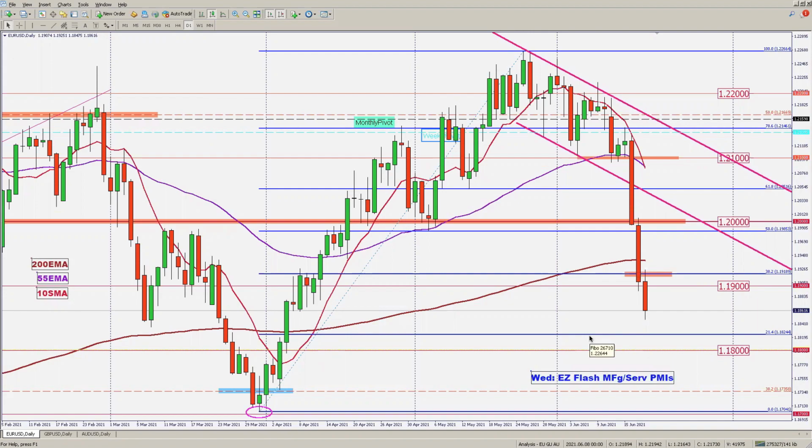Up here for now, and we'll identify support down here at 118.